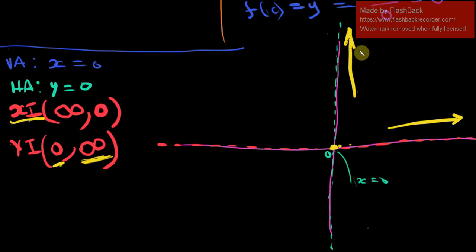So the graph will be going that direction. Cool. So right from here, we can tell that our graph will be in the first quadrant. Let me just draw it nicely.